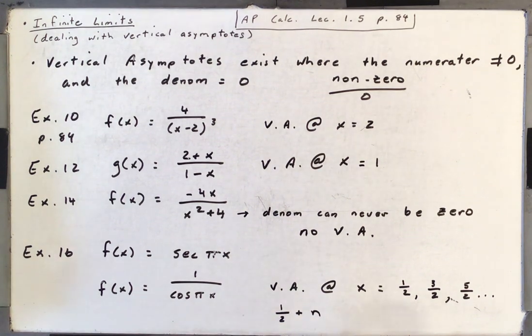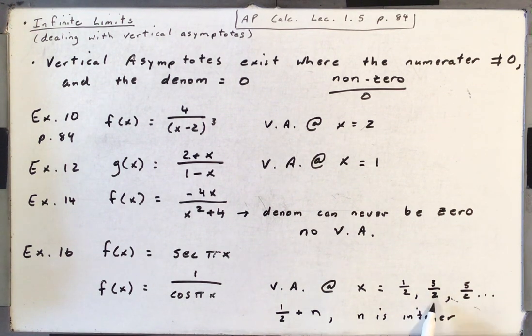So where n is an integer. All right, so you just add 1. 1/2 plus 2/2 is 3/2. 3/2 plus 2/2 is 5/2. Okay, and then you could go the negative direction also.